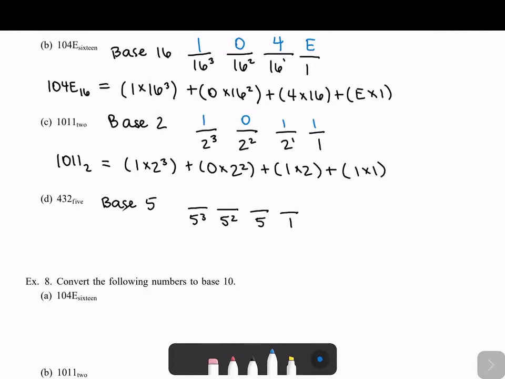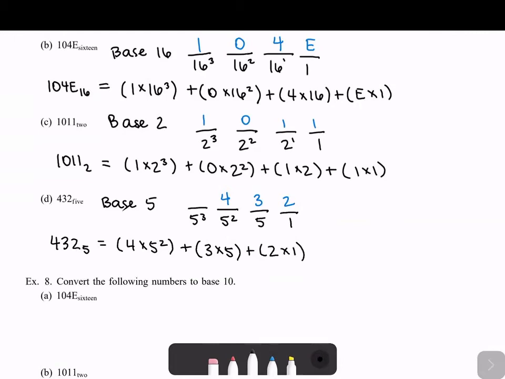Because it only has 3 digits, it's only going to have 3 places. So this is 432. So now let's write out that expanded form. So 432 base 5 is going to be 4 times 5 squared plus 3 times 5 plus 2 times 1.